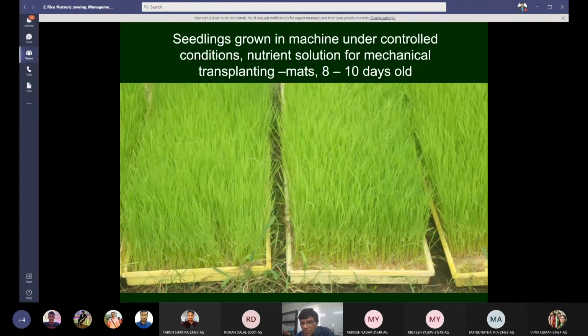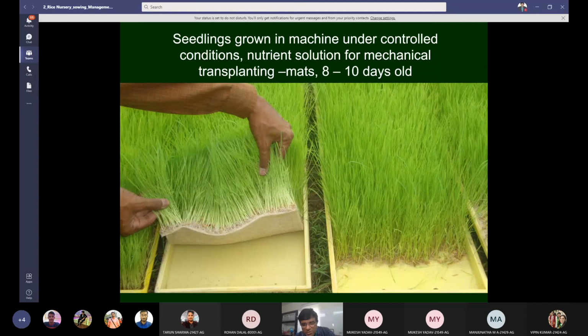You can put some nutrient solution, so healthy seedlings are prepared by this method. The only problem is that it is expensive. However, the same seedling can be used for transplanting by the manual method and by machine, by transplanter.